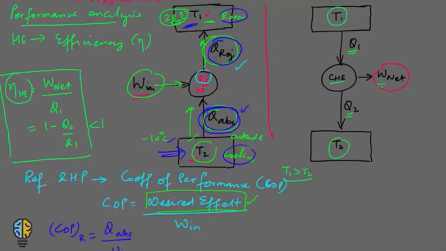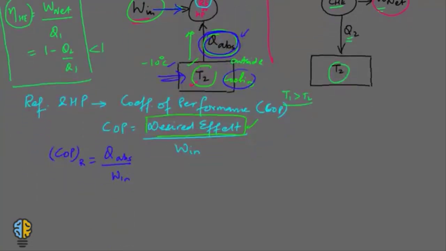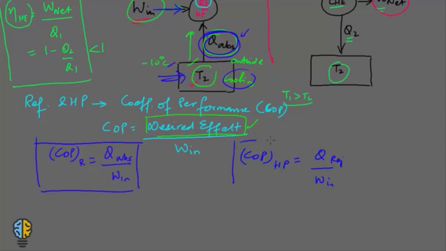I can just add the amount of energy in the form of work input, and the thing that I'm concerned with is the heat rejected into your room. So the desired effect for a heat pump becomes the heat rejected upon the work input. So this is a differentiation between a refrigerator and a heat pump.